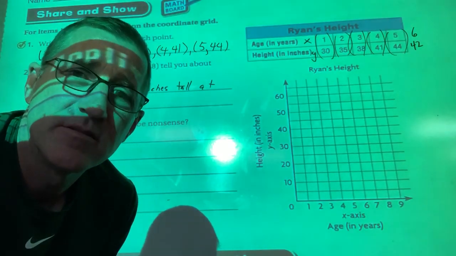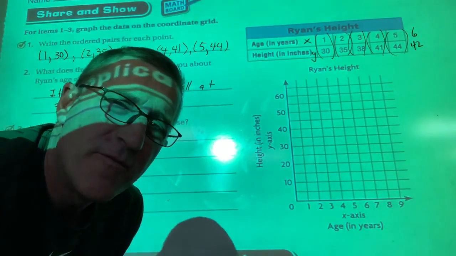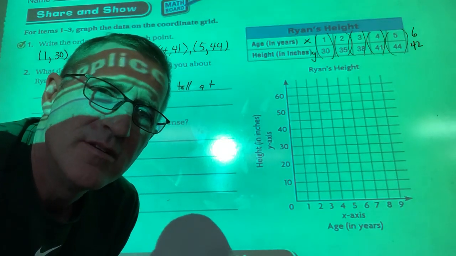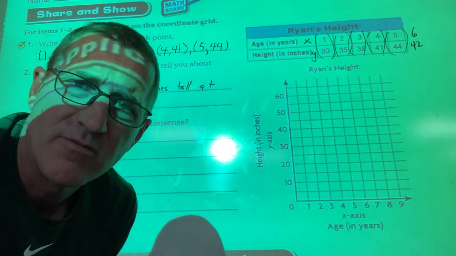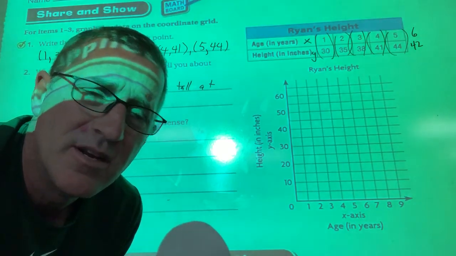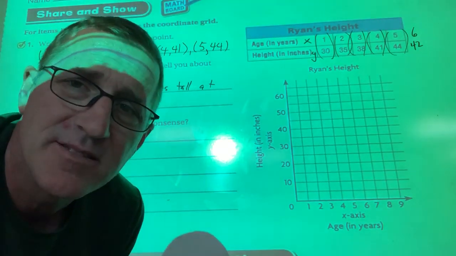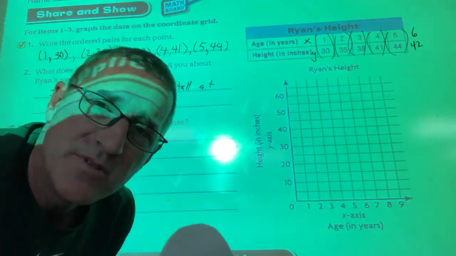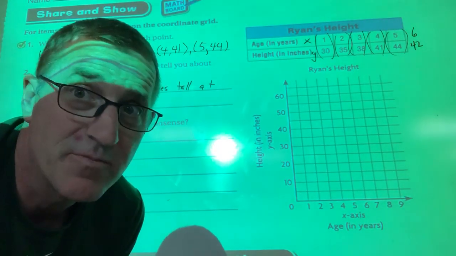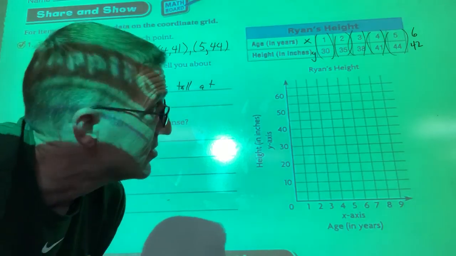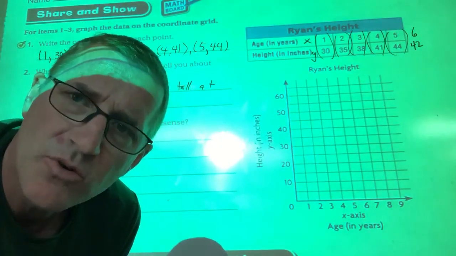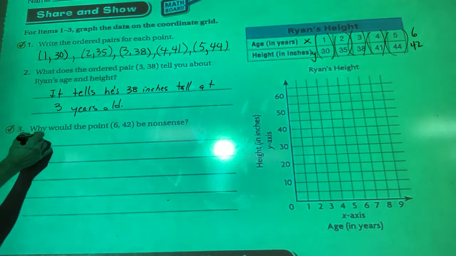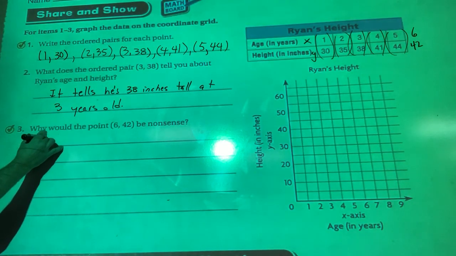That makes sense. But would he go from 44 inches to 42? Not unless he had a severe ankle accident, right? He's not going to get any shorter. So 6, 42 does not make sense. It's an outlier because people don't generally get shorter, at least from 5 years old to 6 years old. So we're going to write that down. Doesn't make any sense because people don't generally get shorter. It's nonsense.